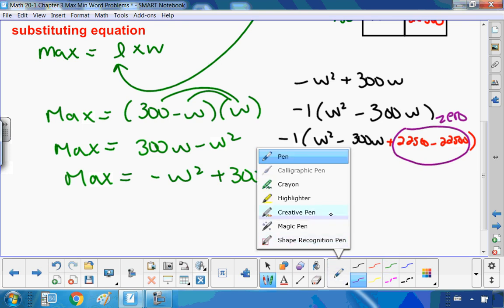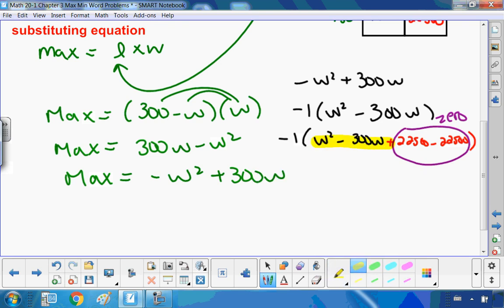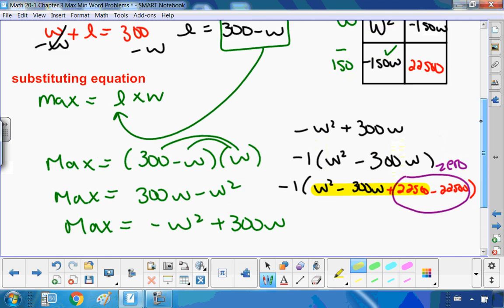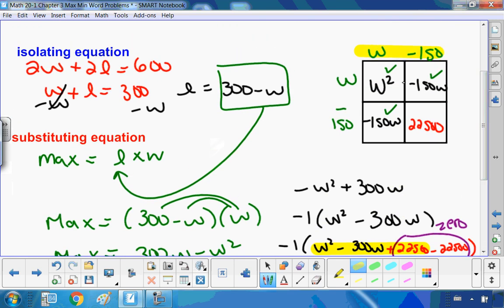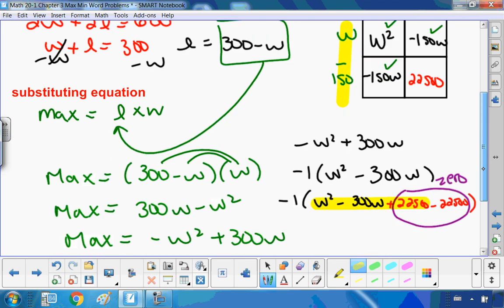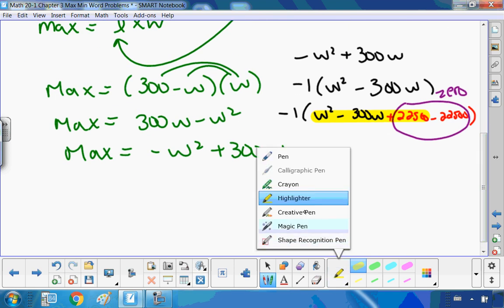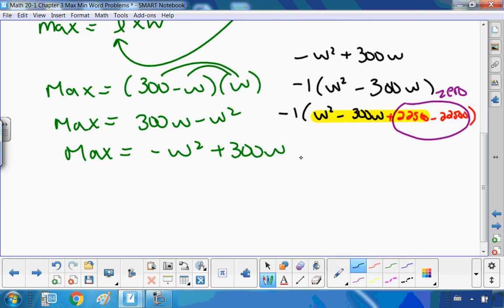So now let's look at my perfect square trinomial, which is right here. And I know from my grid that that factors as W minus 150 times W minus 150. So I'll just write that out as negative 1 times W minus 150 all squared.